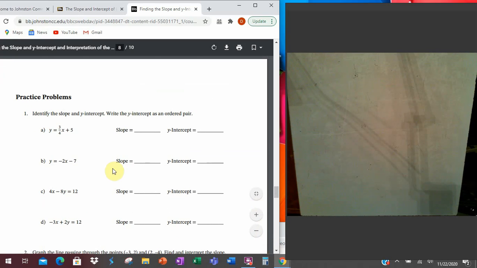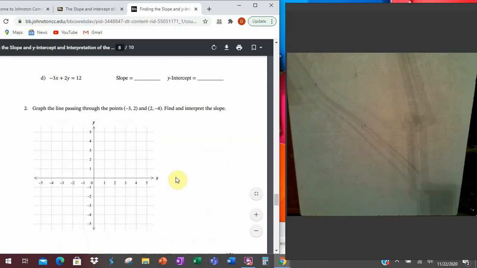Okay, so here's some practice problems for you to go through. It's just to identify the slope and the intercept, gives you some practice. You should be able to do that pretty quick. And here's what we were doing before. P1, P2, Y2, X2, Y1, X1, and then do the slope and interpret that.